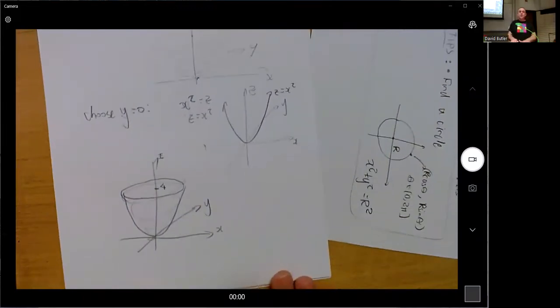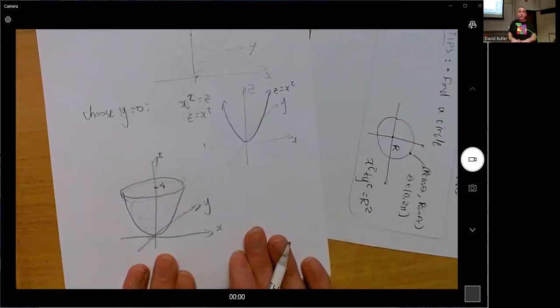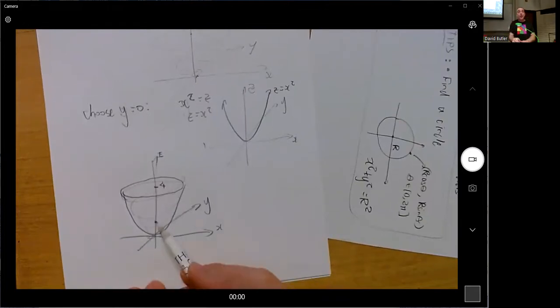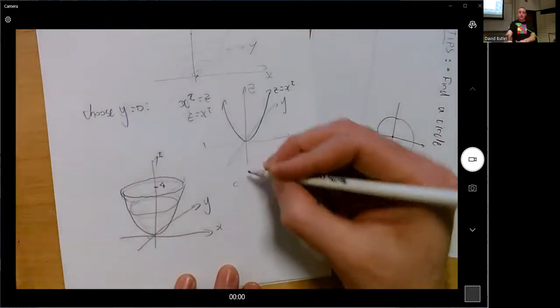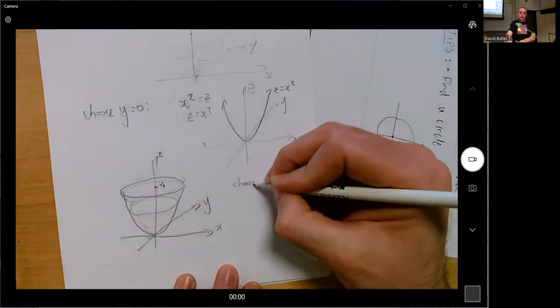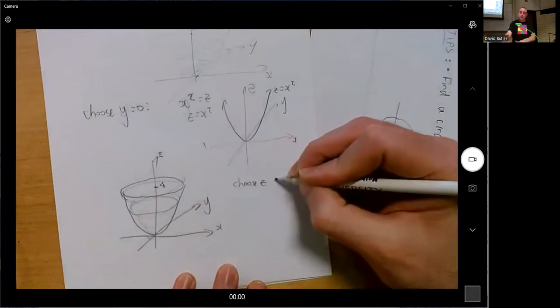Okay, but I have already found the circles. You found the circles. There's one at every height. And so I could parameterize this if I wanted by choosing z, which goes from 0 to 4.